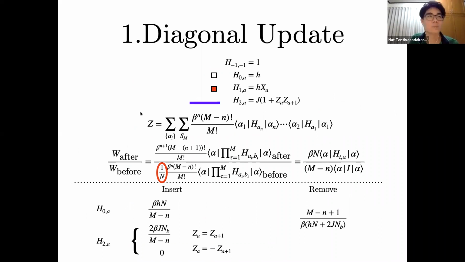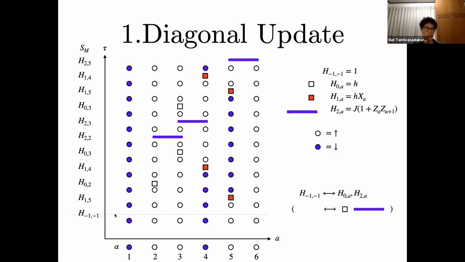The partition function is written like this, and I'm basically treating this as a weight, and calculating the ratio of the weights before and after. I'm going to consider the case where I start with a certain spin configuration without an operator inserted, just identity, and I'm going to attempt to insert it.